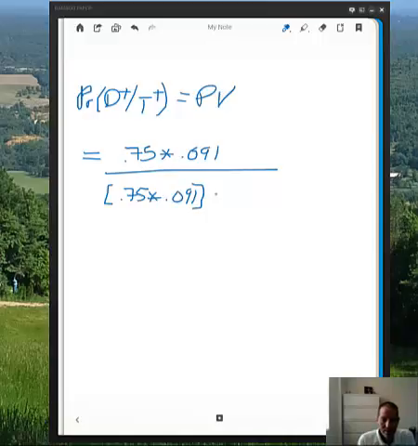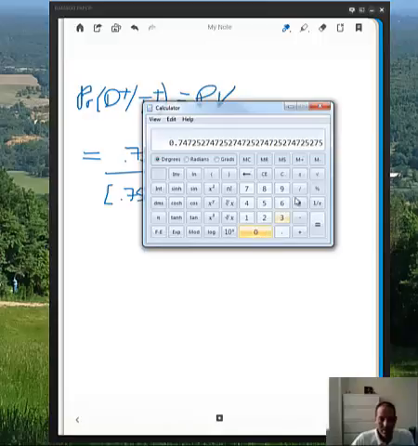right? Okay, and then we add to that the false positive rate, which was 0.20, and we multiply that by 1 minus the prevalence. So if the prevalence is 0.091, well, we know prevalence is the same as having the disease.